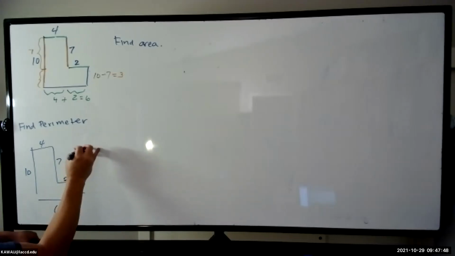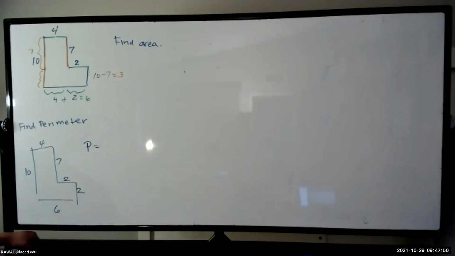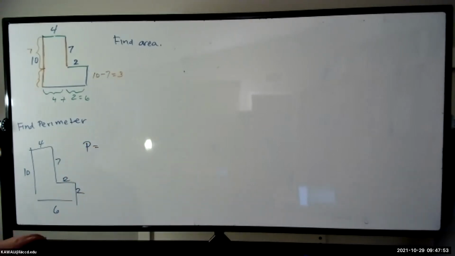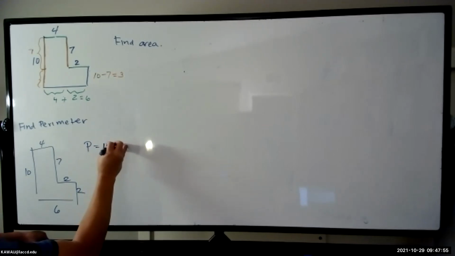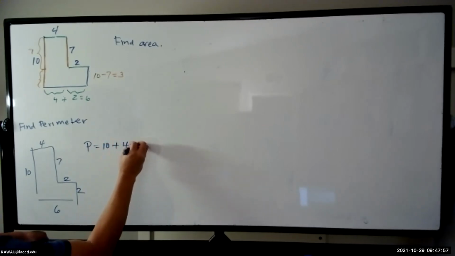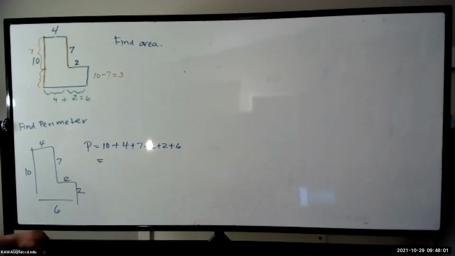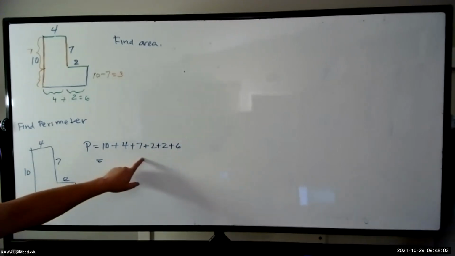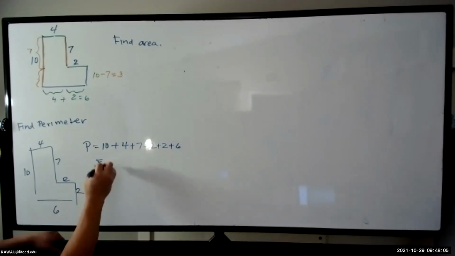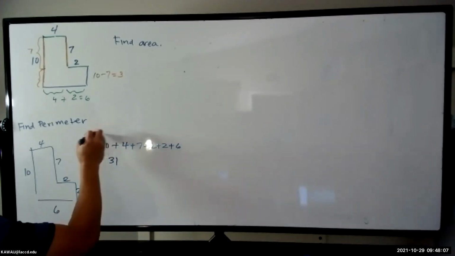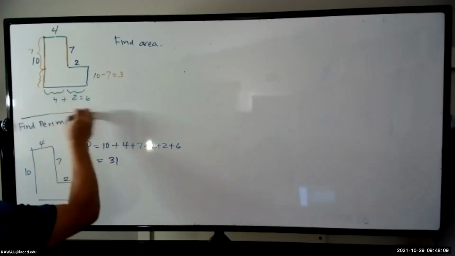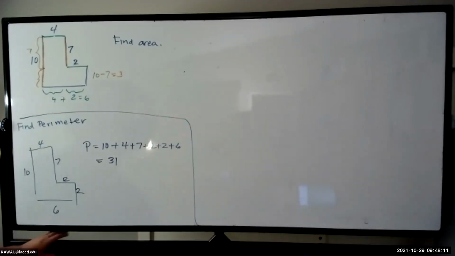So the perimeter is equal to 10 plus 4 plus 7 plus 2 plus 3 plus 6, which is equal to 21, 25, 31. Now, go ahead and see if you can find the area.